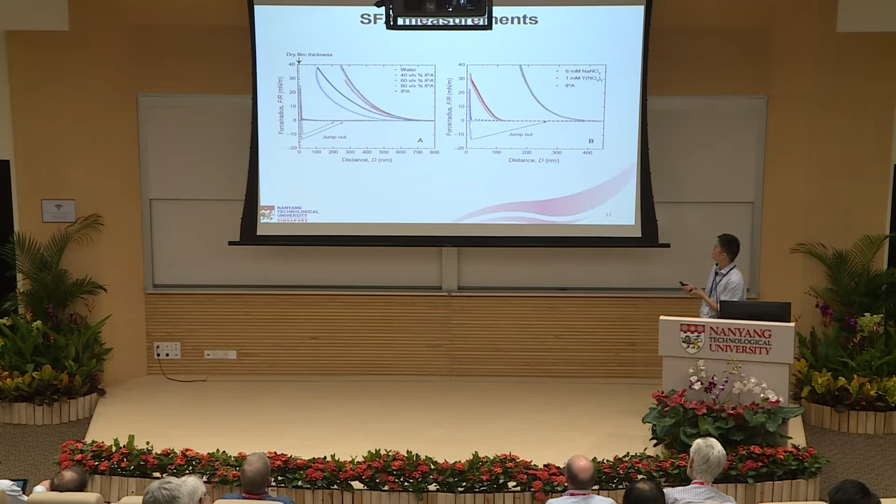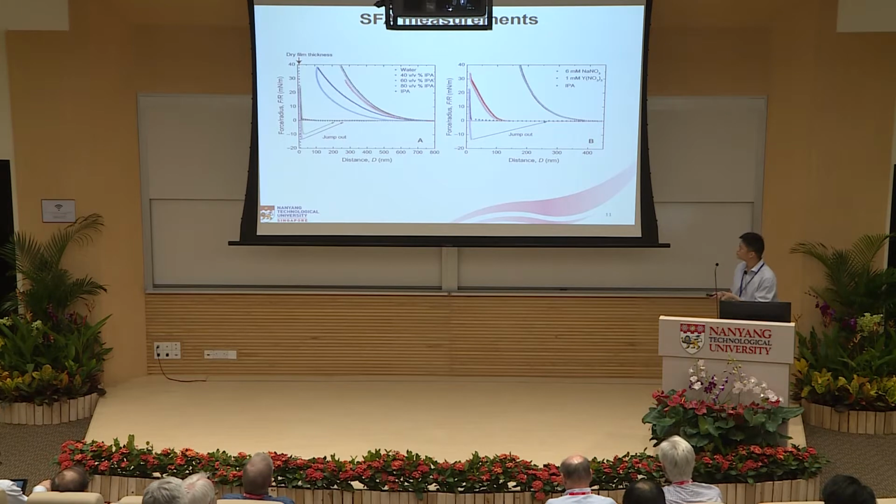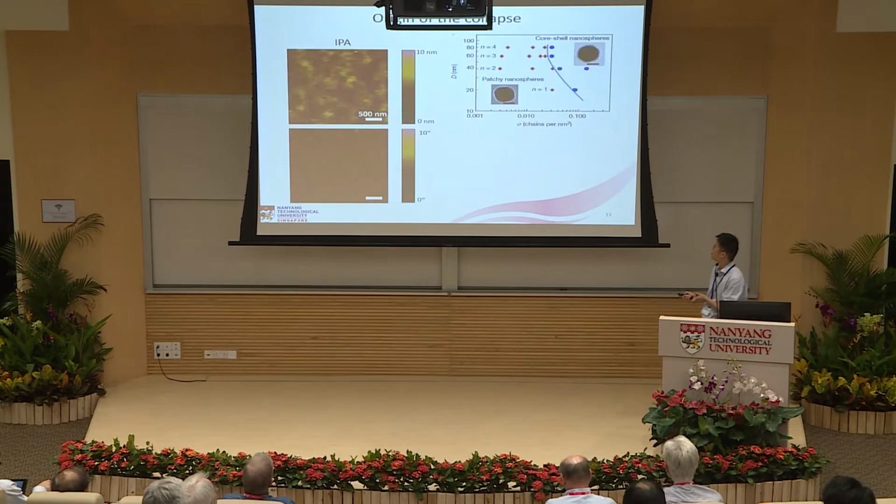Now, when we compare the force profiles between the poor solvent case and the trivalent salt case, they're very different, showing the multivalent effect is indeed very important. Also, again, when we did the AFM measurements in poor solvent, we saw that indeed the collapsed PSS brush surface has a very uniform morphology.